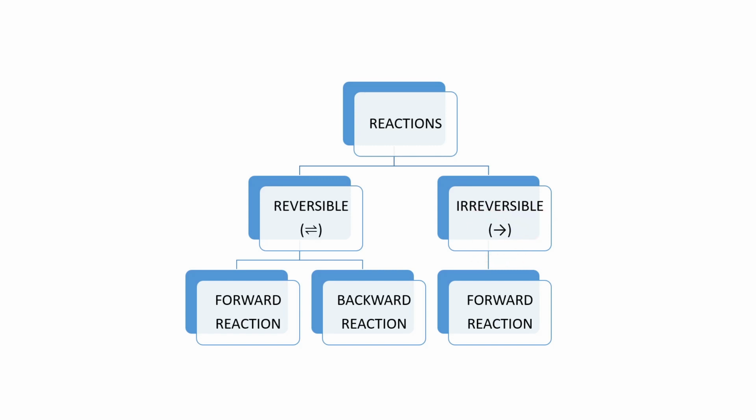Let's differentiate between forward and backward reaction. First, let's see what a forward reaction is. Here you can see that AB is dissociated and it gives A plus and B minus. Here you can see a half arrow indicating a forward reaction.